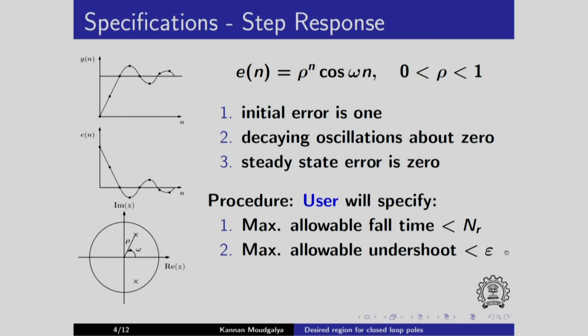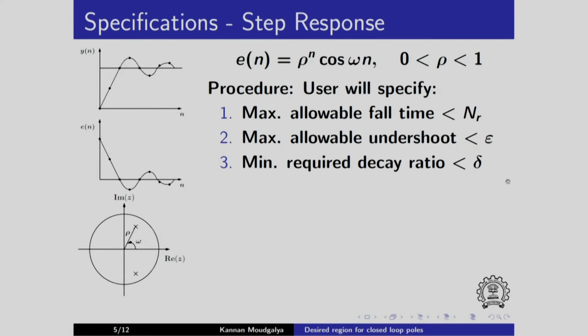So it could be 1%, it could be 5%, it could be 10%, it depends on the system that is getting controlled. And they can also specify the minimum required decay ratio. They can say that it is less than delta. So nr, epsilon, delta are user specified parameters.